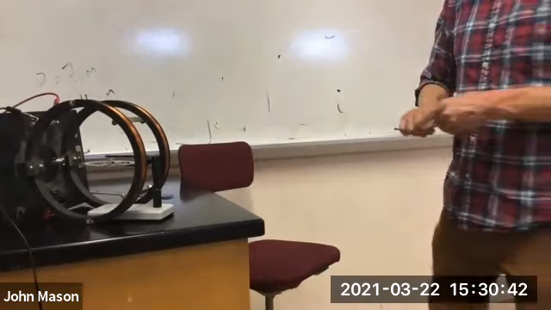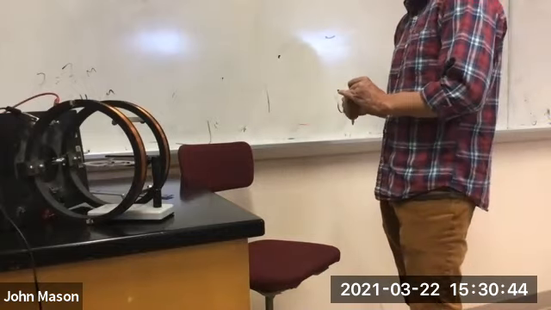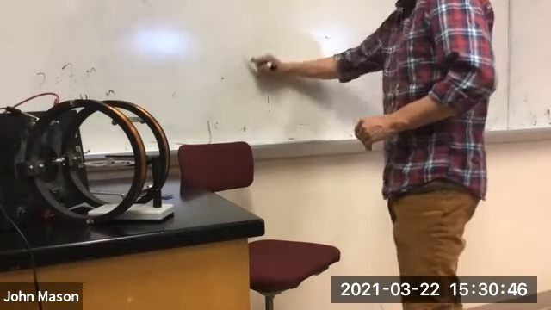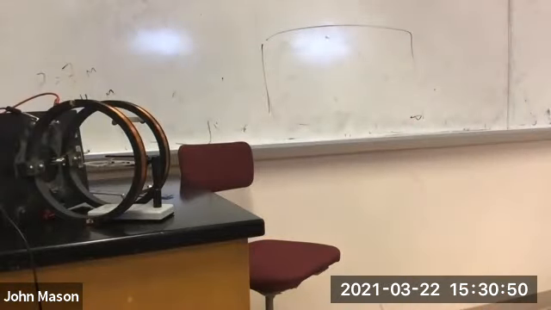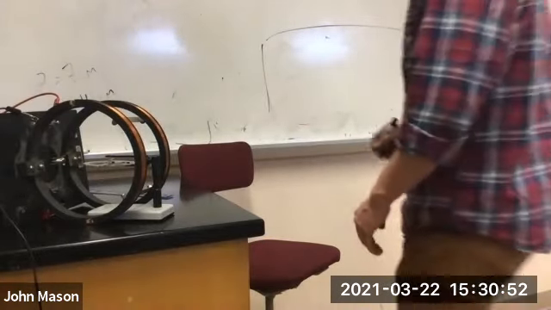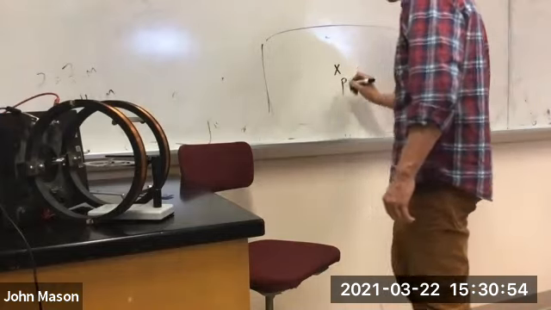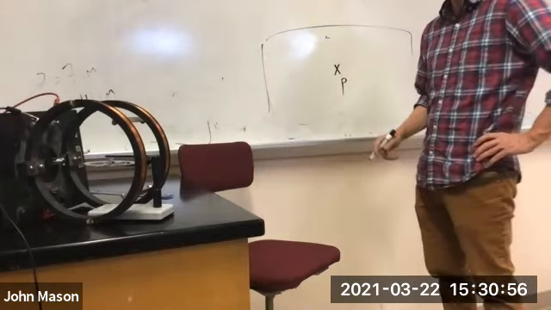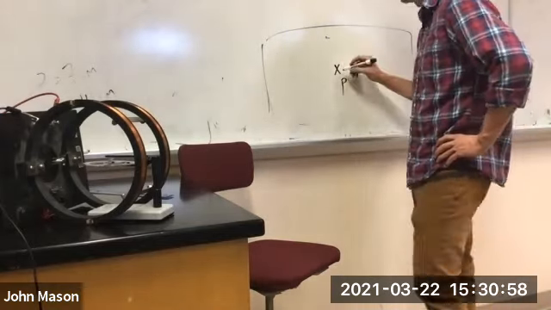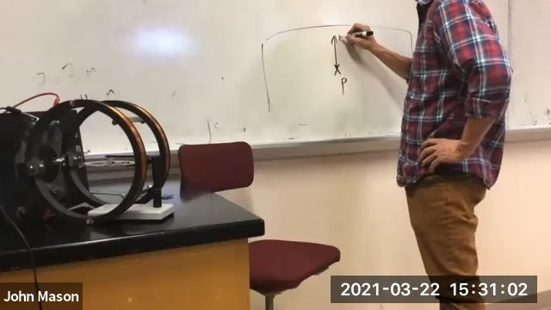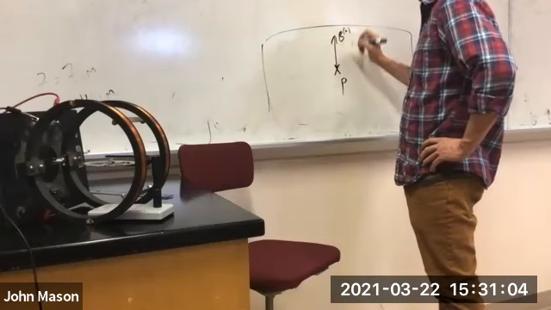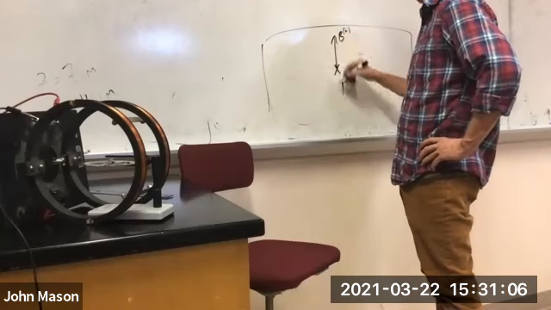What you've got is at the point P in the middle of the Helmholtz coil, if I imagine looking from top down, the horizontal B field of the Earth points just along the direction of the Helmholtz coils.